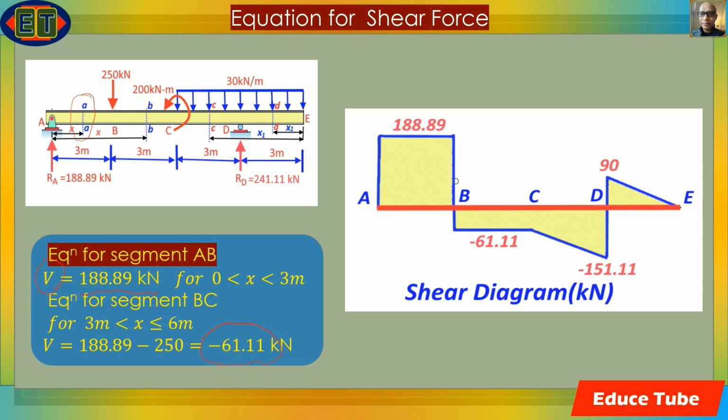Here there is an abrupt change in the shear, from 188.89 kilonewtons at an infinitesimal distance to the left of B, to the right of B, due to this concentrated load; it will be minus 61.11.